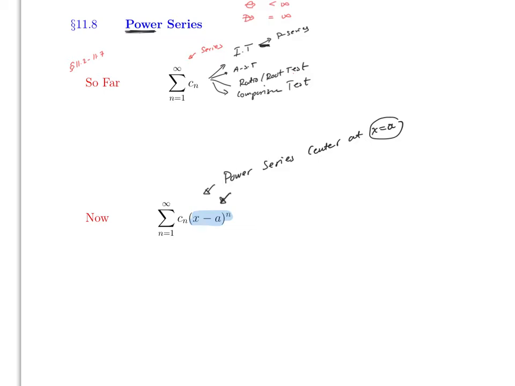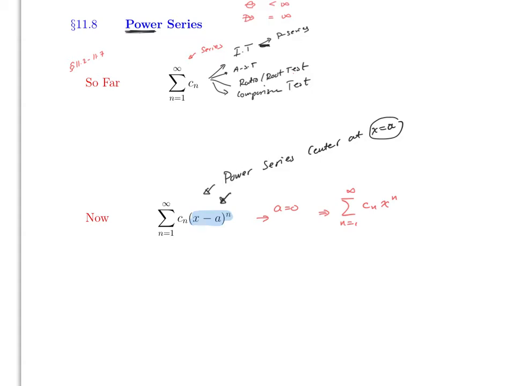Notice the x minus a. The one we're going to deal with most at the beginning is if a is equal to 0, then the series is written like this: sum from n equals 1 to infinity of c_n x to the n. That will be the series centered at 0.